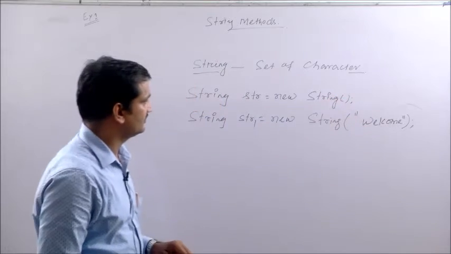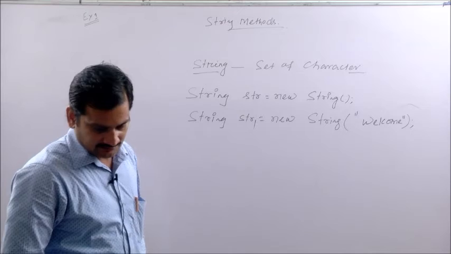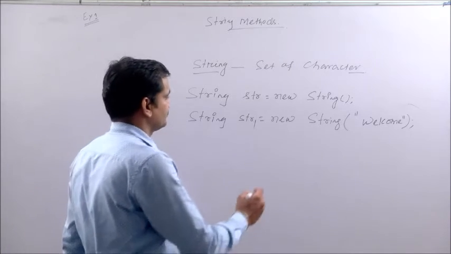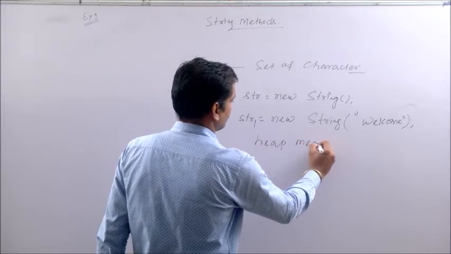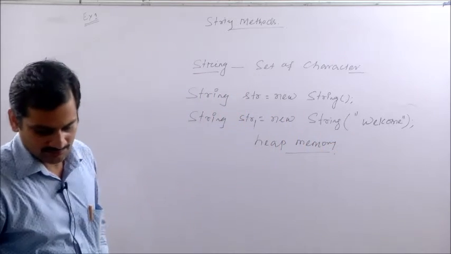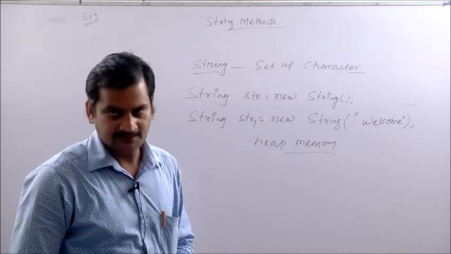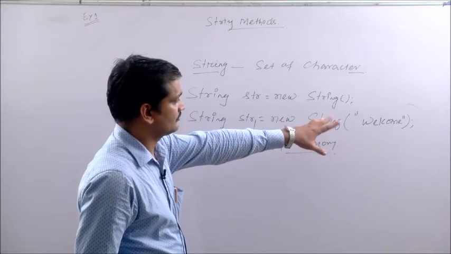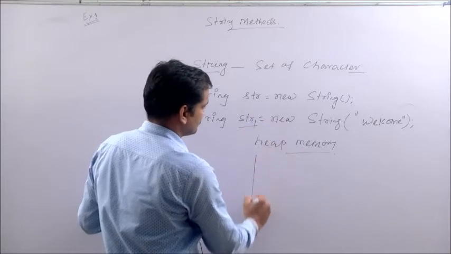The difference here is that while creating a string by using the new operator, it creates a new string object in heap memory. In the case of a string literal, it stores the literal value in the string constant pool, but here also it stores the string value in the string constant pool, while the reference of the object is stored in heap memory.